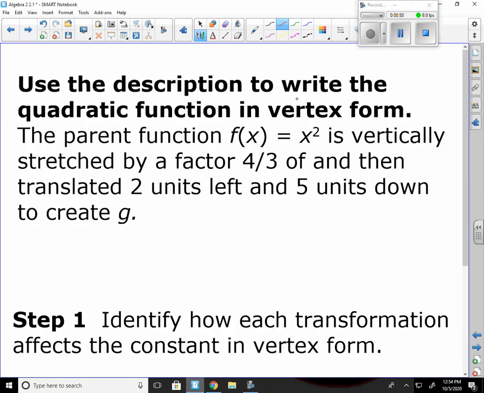Here's the description to write the quadratic function in vertex form. The parent function, f of x equals x squared, is vertically stretched by a factor of 4/3. So before I do anything here, I'm going to do g of x, because that's going to be our new function. And then it's going to be 4/3, and I'll have whatever's in my x.